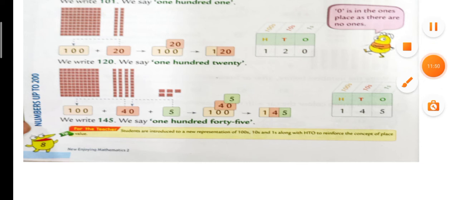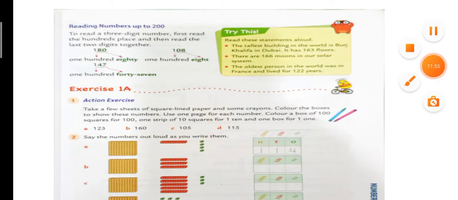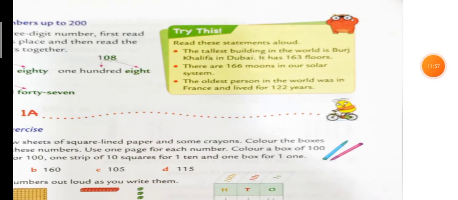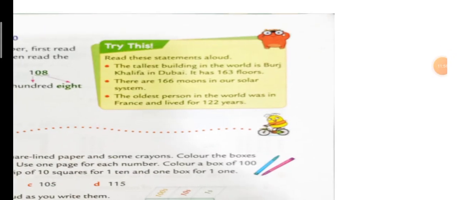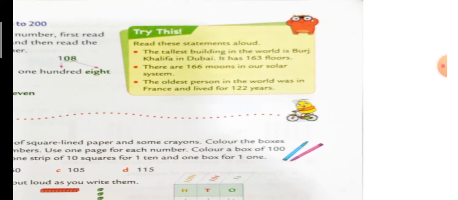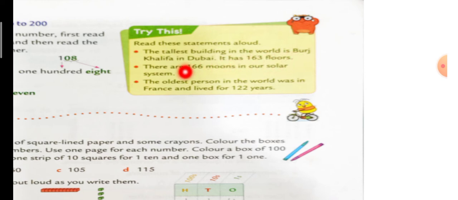Now let us go to the next page, children. Children, you have to go through the textbook also. Read these statements loudly. I am reading it for you, children. The tallest building in the world is Burj Khalifa in Dubai. It has 163 floors. Please do not read it one digit at a time.